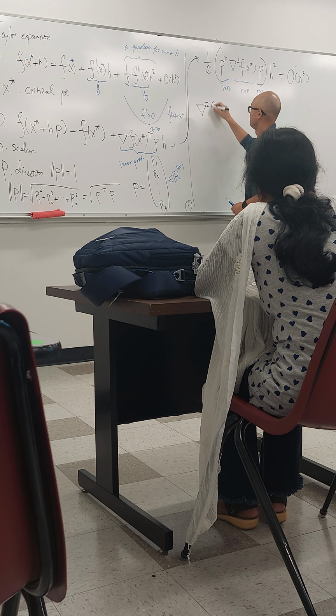What we obtain will be A11 P1 squared, plus A21 P1 P2, and then plus A12 P2 P1, and then plus A22 P2 squared.